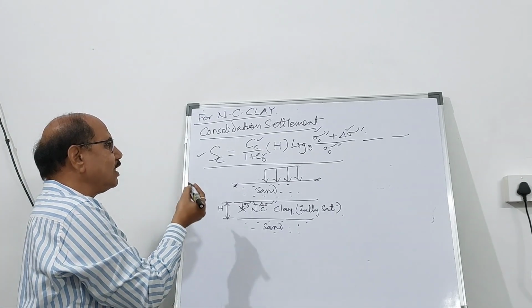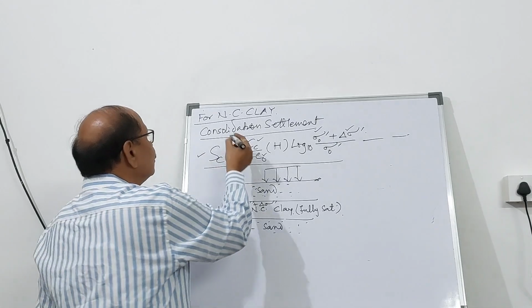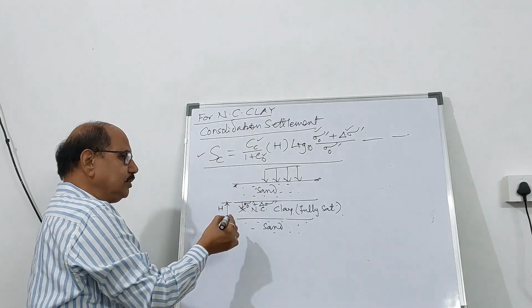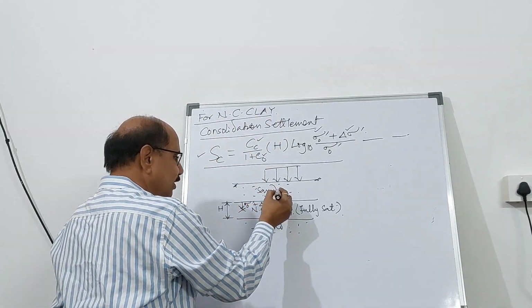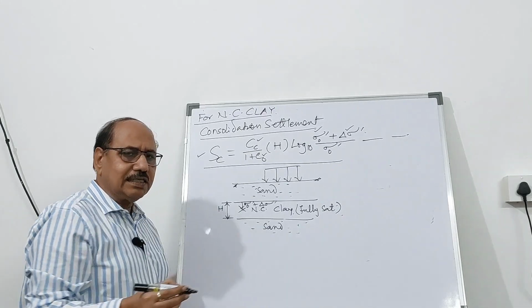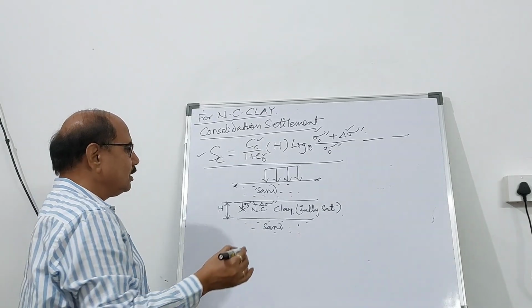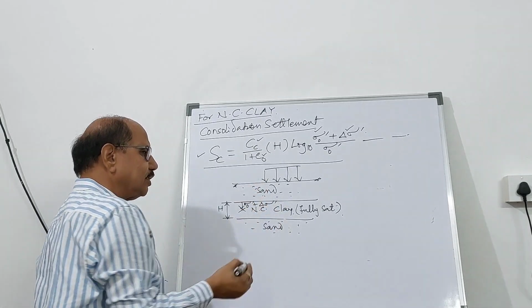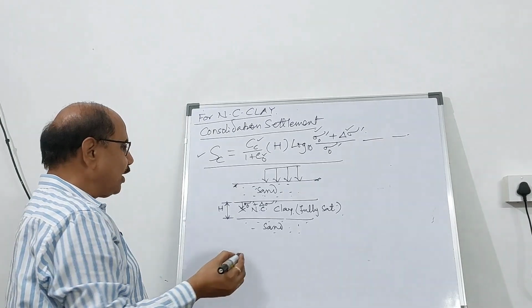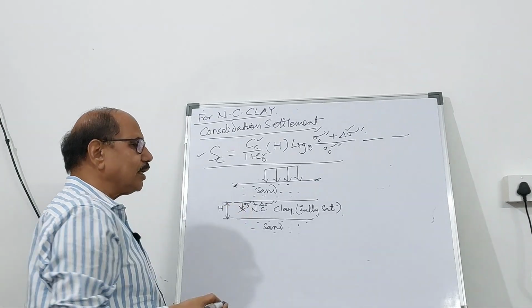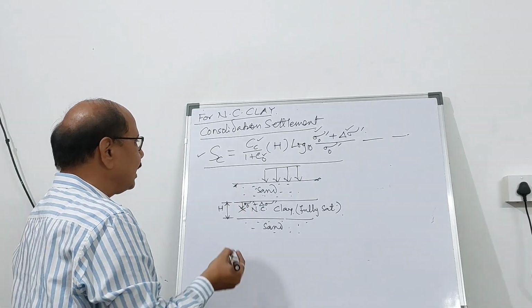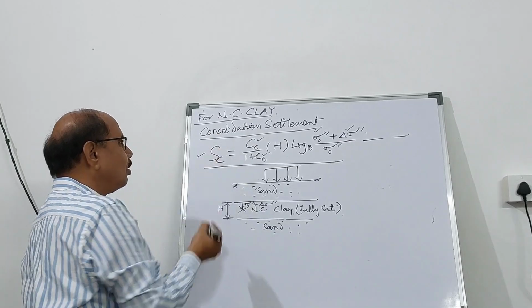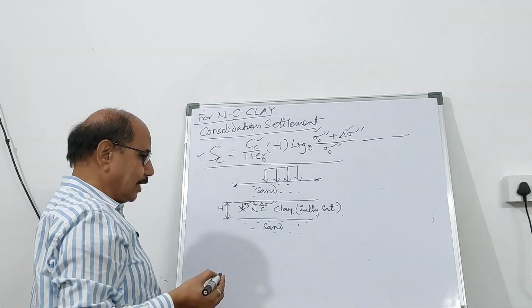So consolidation settlement, this is for normally consolidated clay. That means the present overburden pressure is highest. So the soil has not been subjected to a pressure greater than the present pressure. So in that case, this is called normally consolidated clay.